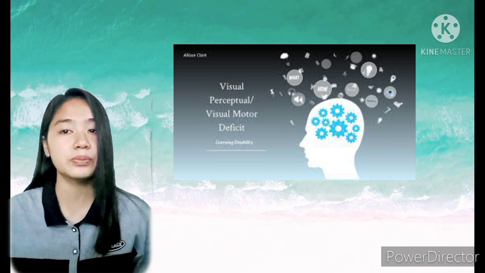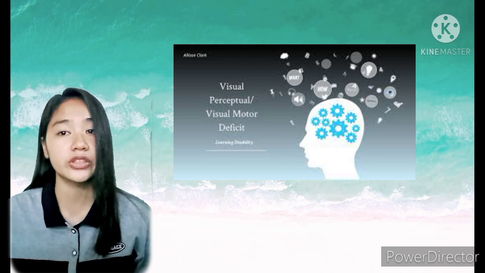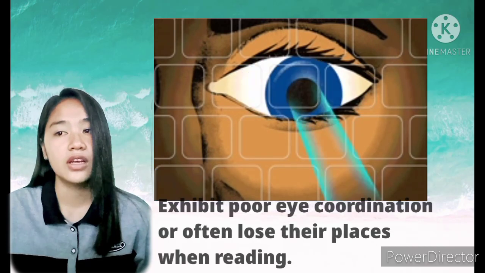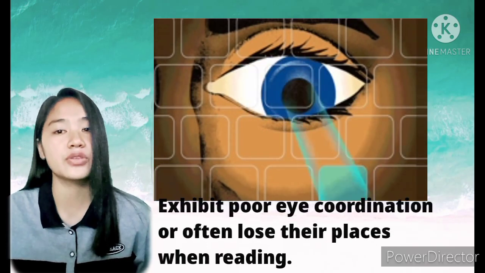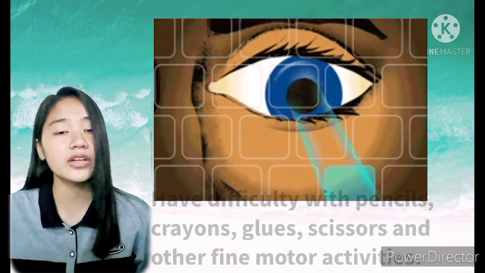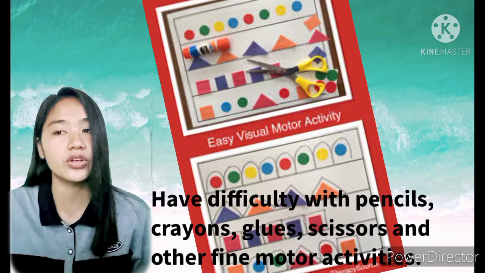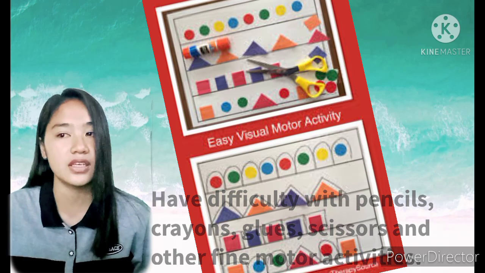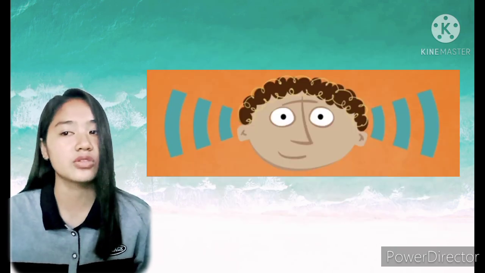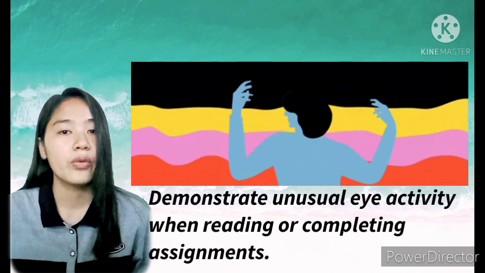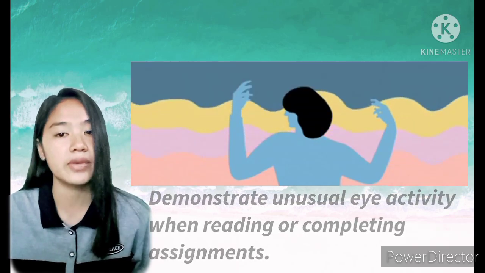Individuals with visual perceptual or visual motor deficit exhibit poor hand-eye coordination or often lose their place when reading and have difficulty with pencils, crayons, glue, scissors, and other fine motor activities. They may also confuse similar looking letters, have trouble navigating their surroundings, or demonstrate unusual eye activity when reading or completing assignments.